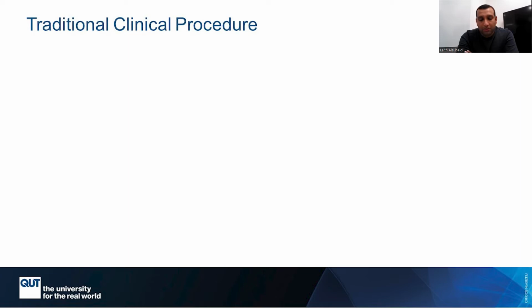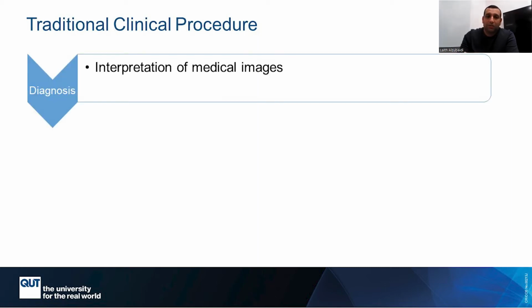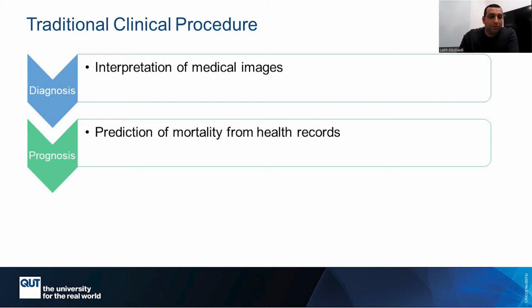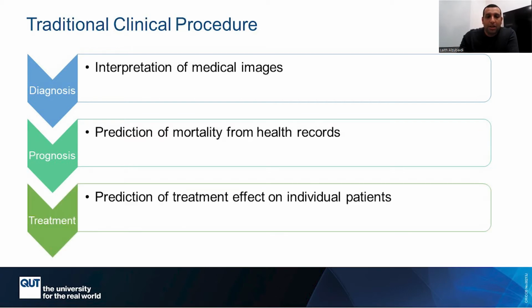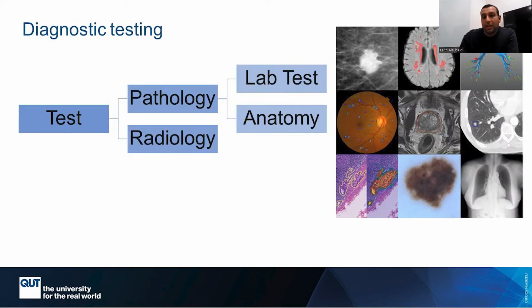Deep learning has shown good performance on all three of these medical steps. For example, imagine the machine being responsible for interpretation of medical imaging, for the prognosis, like predicting mortality from healthcare data, and predicting the treatment effect on individual patients. Mainly, I focus on diagnosis.